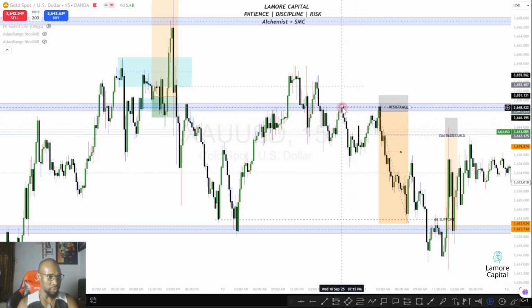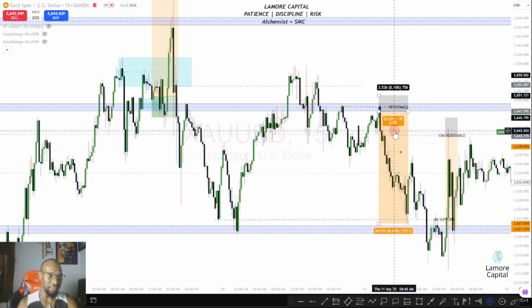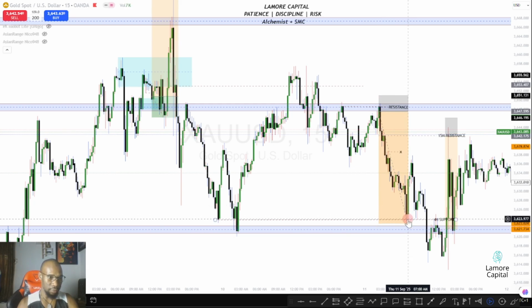The moment I saw this, I knew that the market was going to come to mitigate this resistance. The market came, tapped into that resistance and started coming down immediately. That very day, I got into this trade at around 2 a.m., and immediately the market gave us an immediate 6:1 RR.